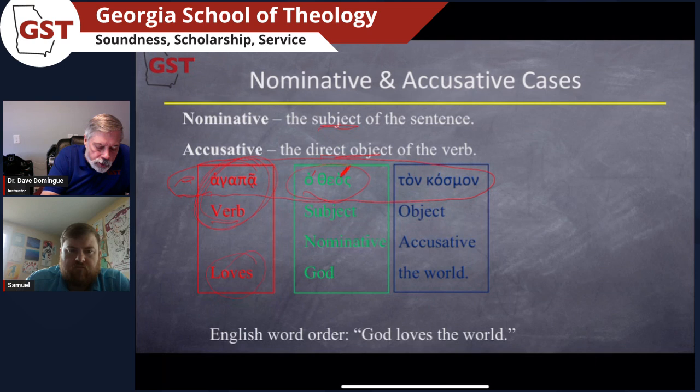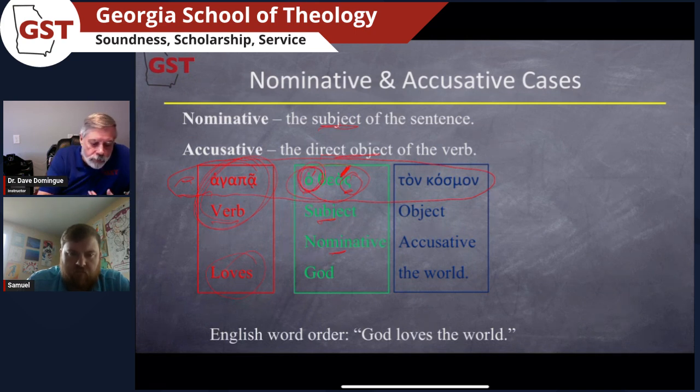Let me ask you this question. With that omicron there, what declension is that? First, second, or third? Second. Very good. Now, you see this sigma. How do you know that it's functioning as the subject in the nominative? Because of the sigma. But you also know because of the article.